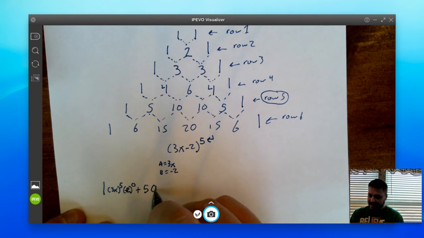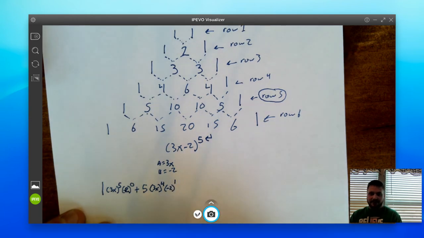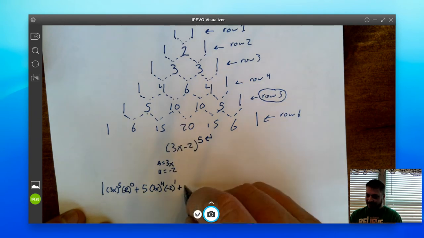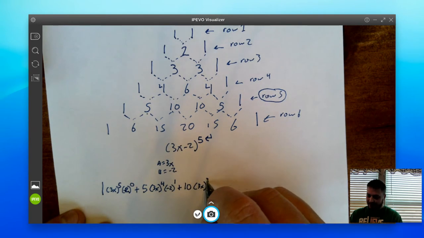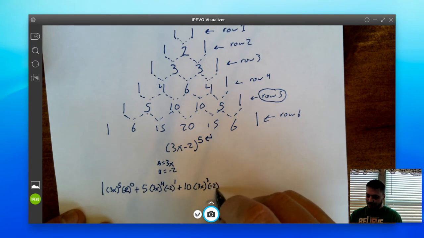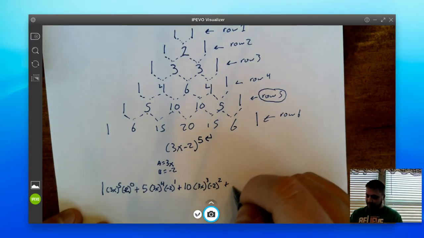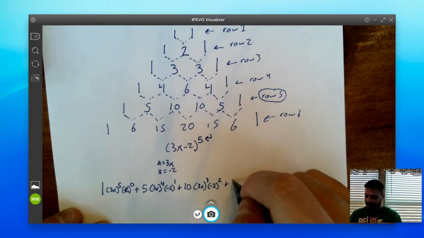This time A is to 1 less power, the fourth, and B is to 1 more power, the first. Plus, next number in Pascal's triangle, 10. This time, again, A is to 1 less power, the third, and B is to 1 more power, squared. Plus, next number in row 5, another 10.